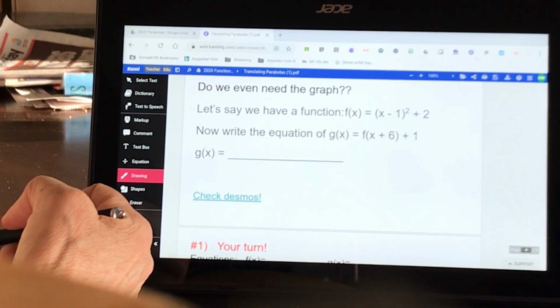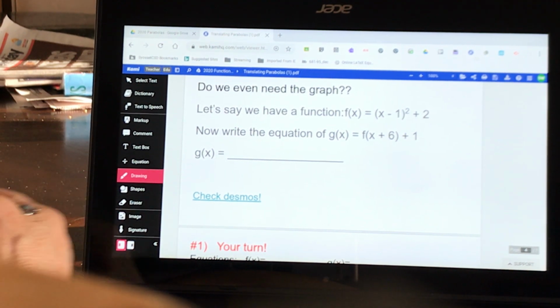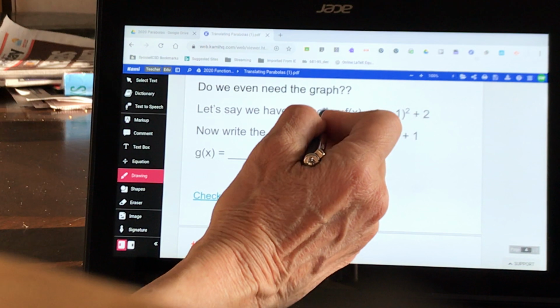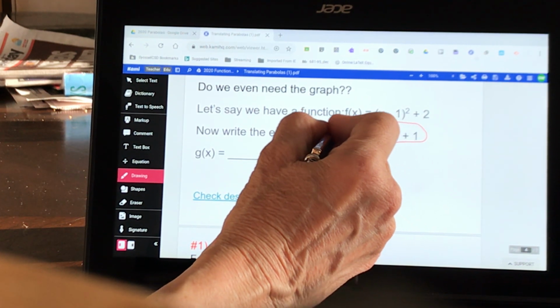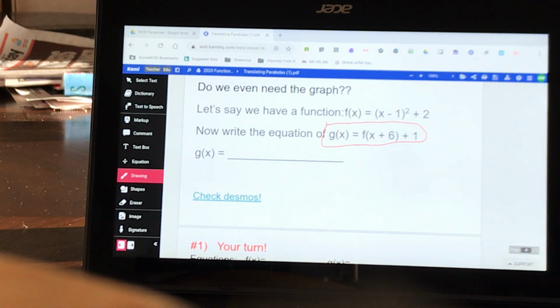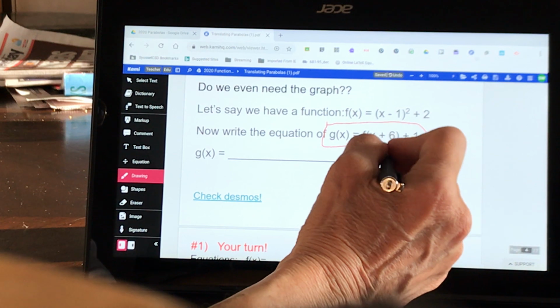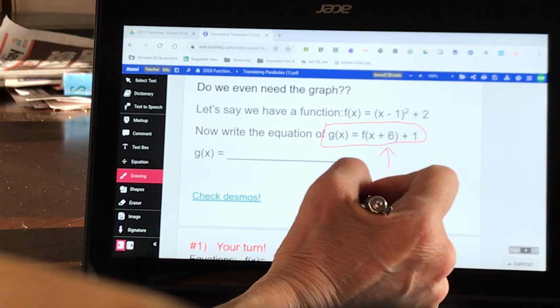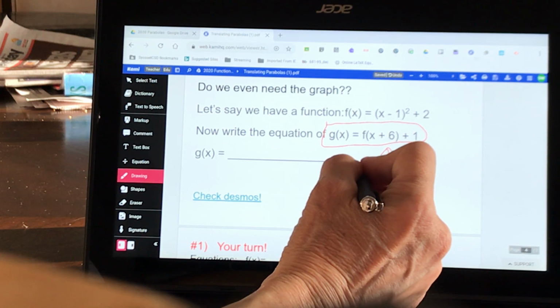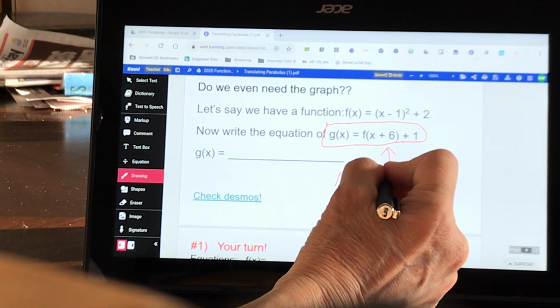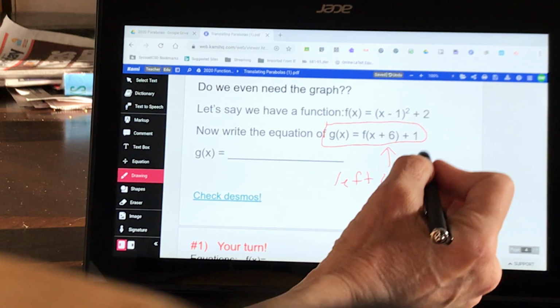So let's talk about the function f of x as x minus 1 squared plus 2. We have an equation. Now, we're giving you pretty much the directions of the new function g of x, and all you need to do is write the equation. Well, which way did it shift? The 6 tells me that it shifted left 6, because the inside is the opposite.